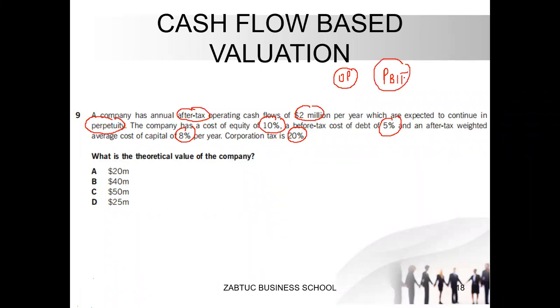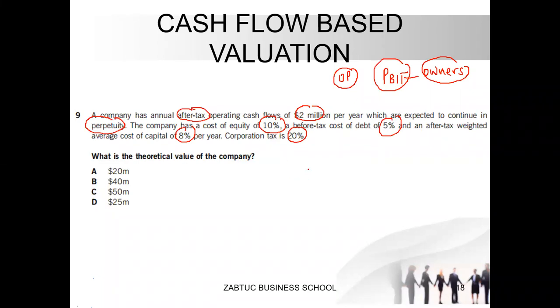Who are the owners of this money? Both the bondholders and the shareholders have a claim on this money because we have not removed anything for the bondholders. We have not removed anything for the shareholders.